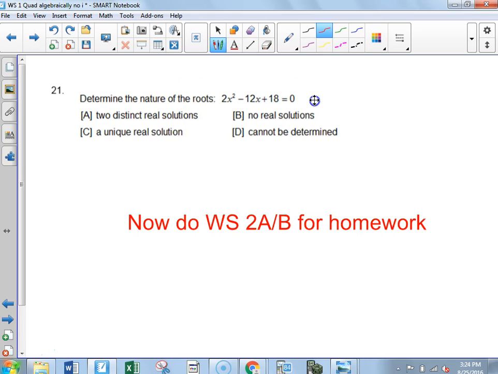Can you do this one on your own, guys? It's a multiple choice question. How do you determine that? Just use the discriminant. Yep.